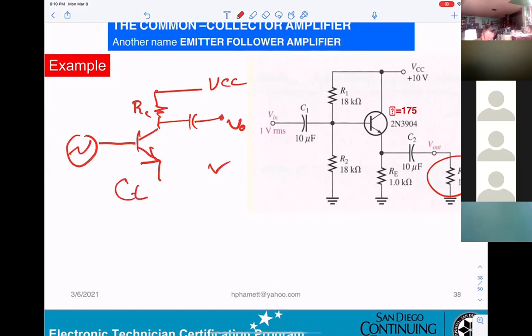Perfect. CE amplifier. And I want to know what RC is. That means collector resistance in AC.